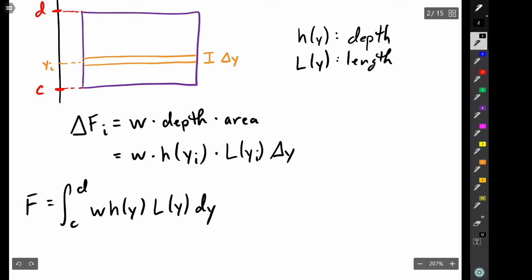Again, here we're integrating with respect to y because we're thinking of this as submerged horizontally.